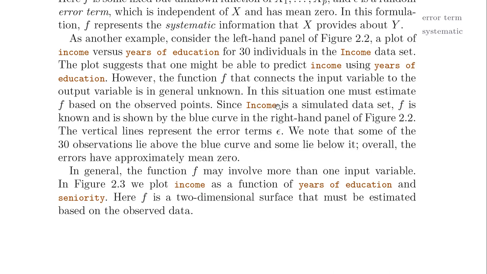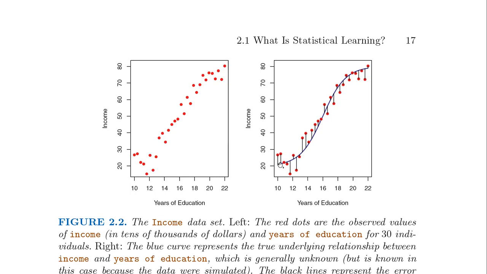What the authors have done over here is they've worked backwards. What they've done is they've started with the blue line. So the F that you need to determine typically on the job in practice, they've started with a known F.